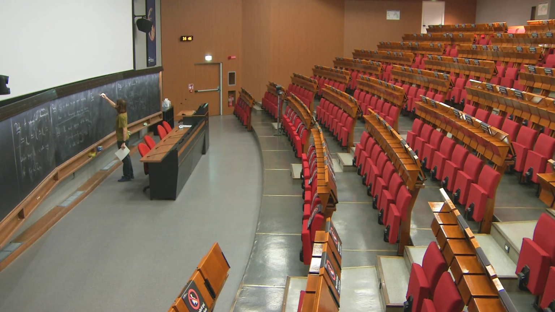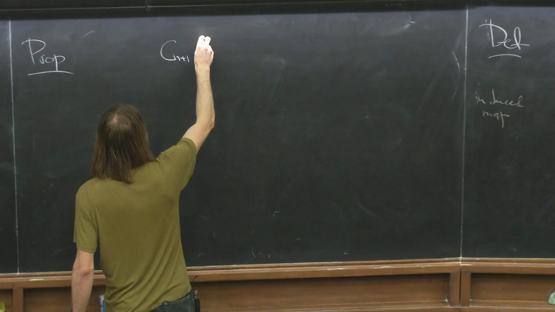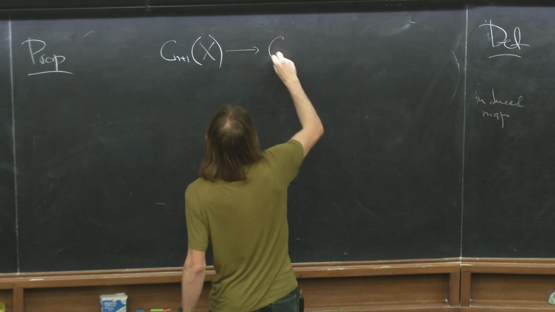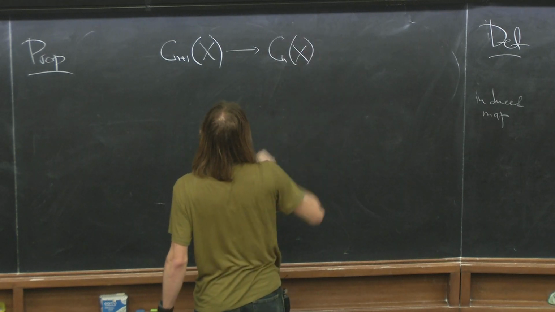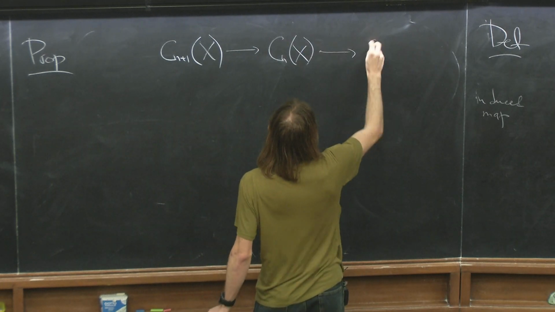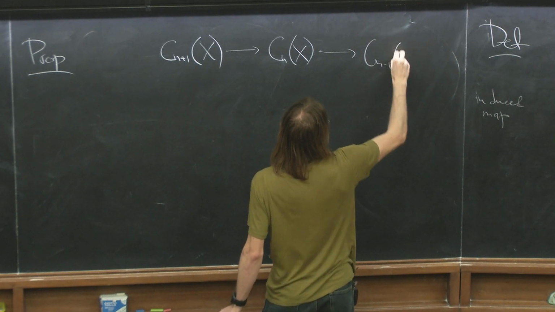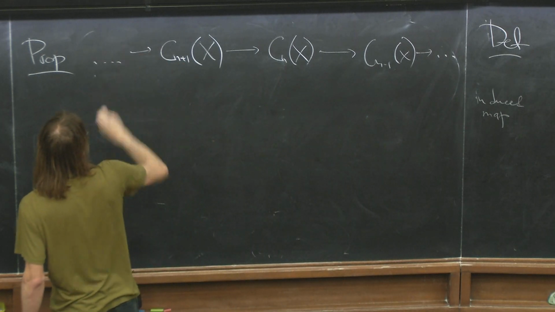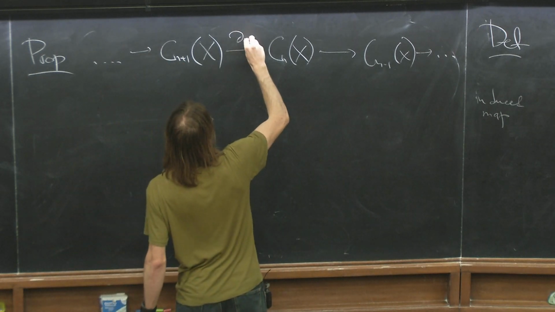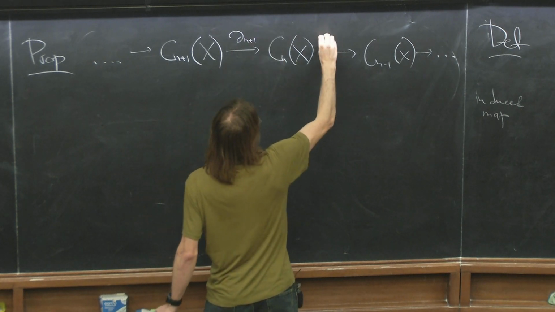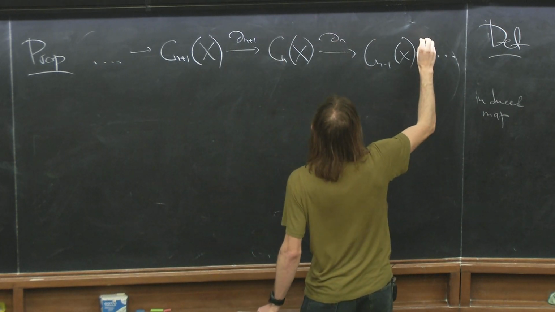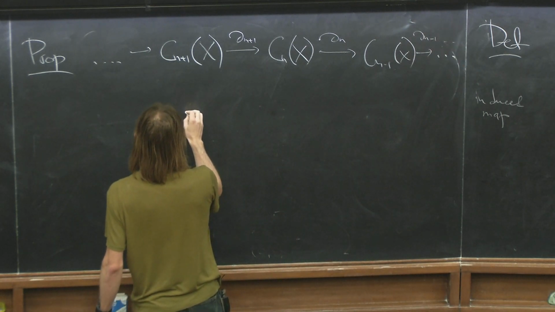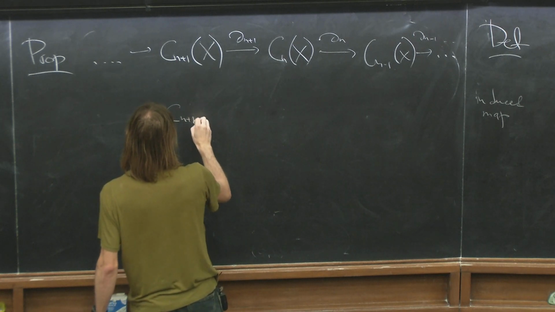Let us first write the chain complex for X, and just below it we'll write the same for Y.